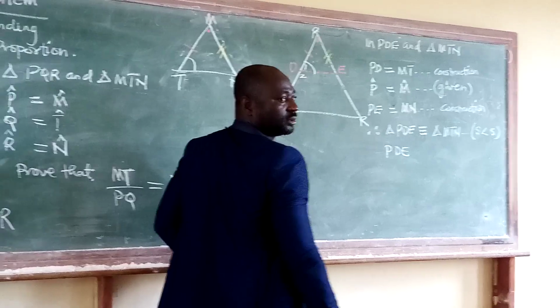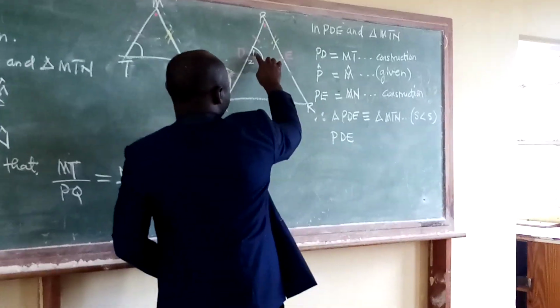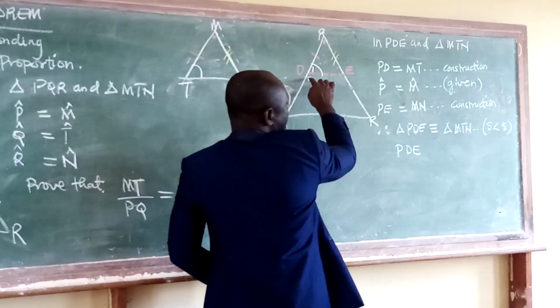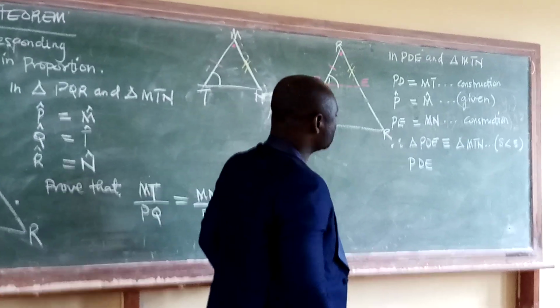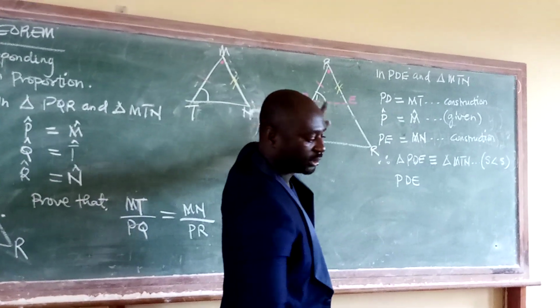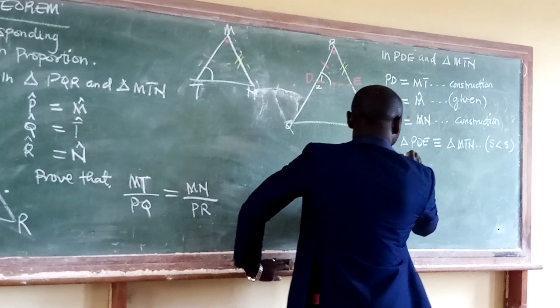If the examiner puts 1 and 2 here, then you can say D1. Or if you are proving, you can put 1 and 2 here, up to you. Let's use D1. So we say angle D1.